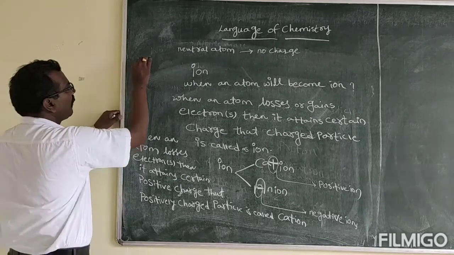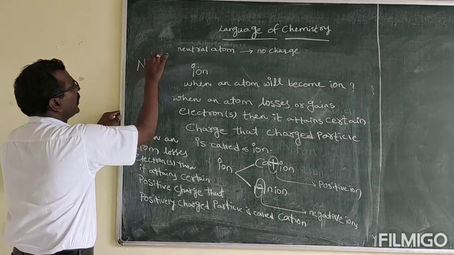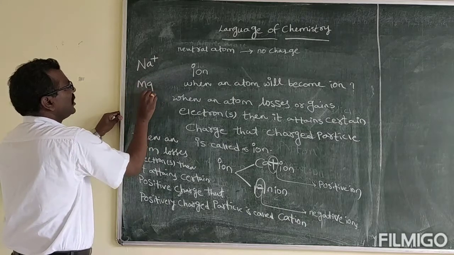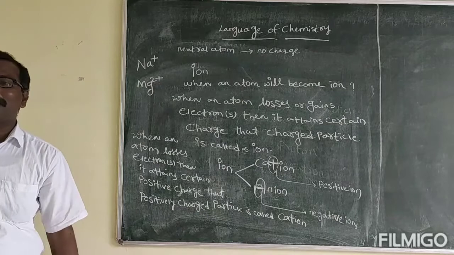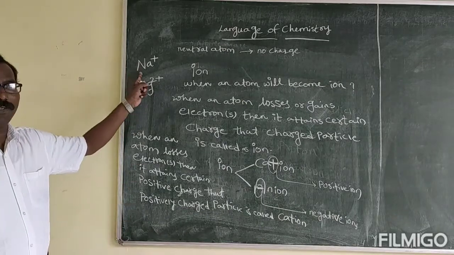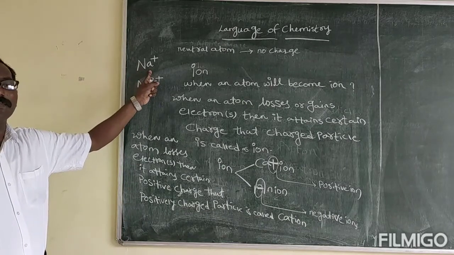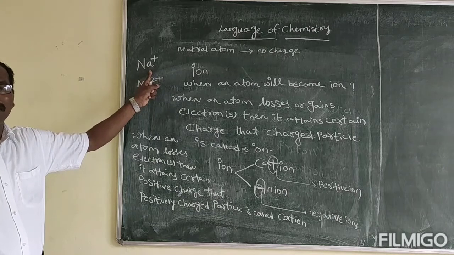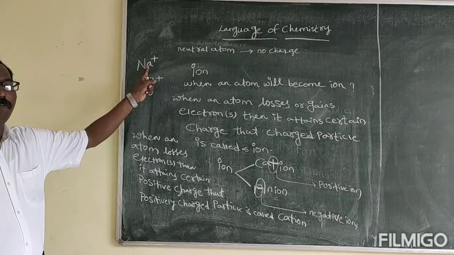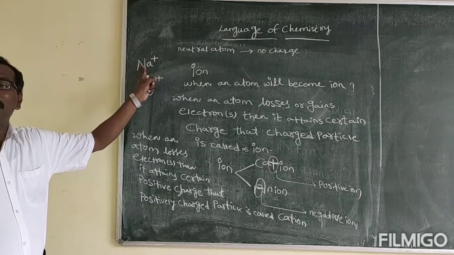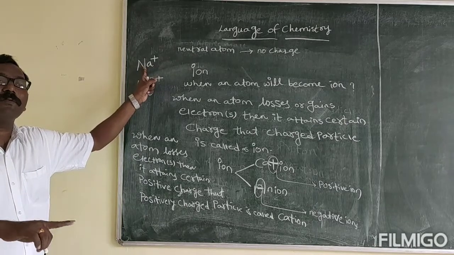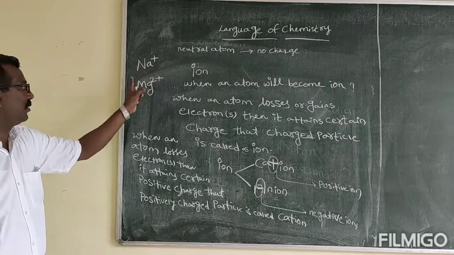Now you see, Na plus and Mg2 plus are there. Whether it is a cation or anion? Cation. How many electrons are gained or lost here? One. How will you read this? Sodium lost 1 electron.